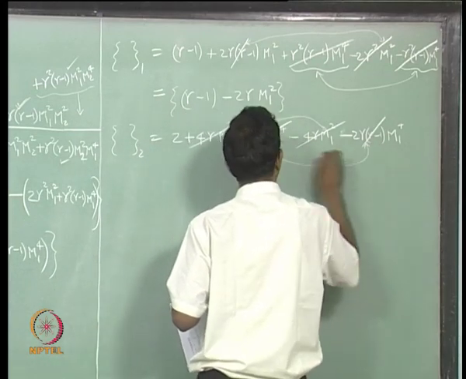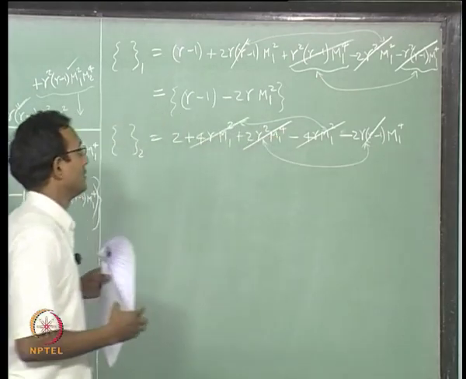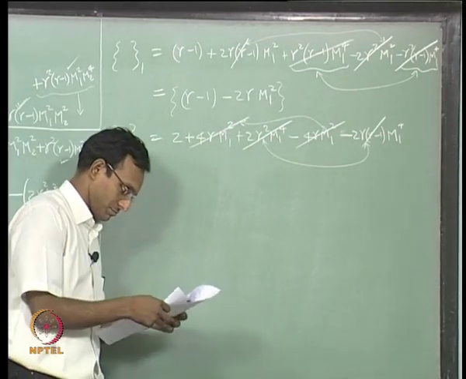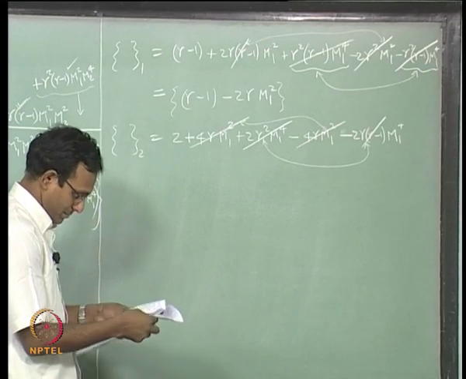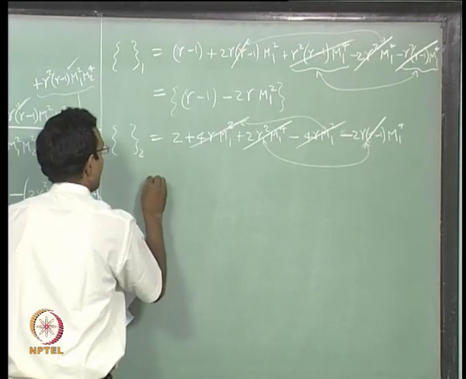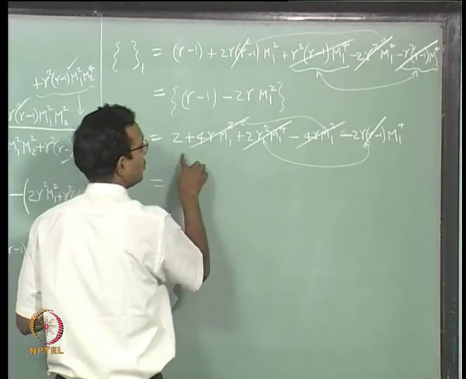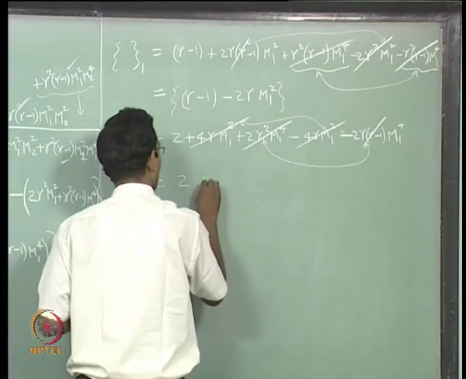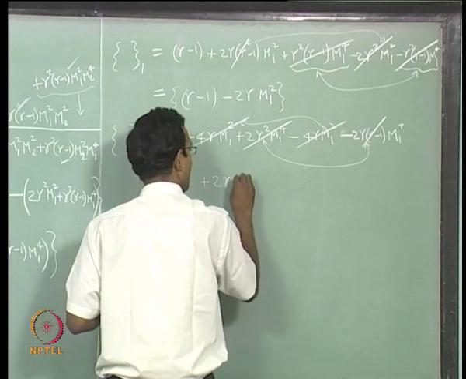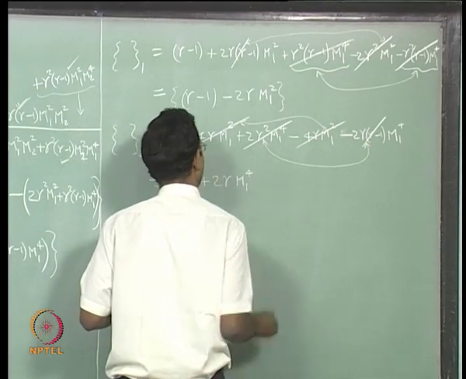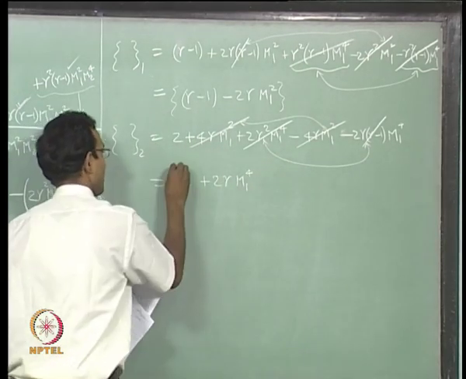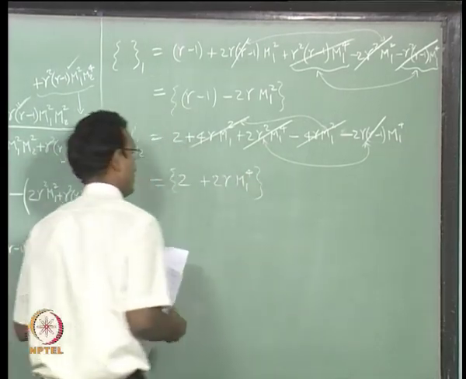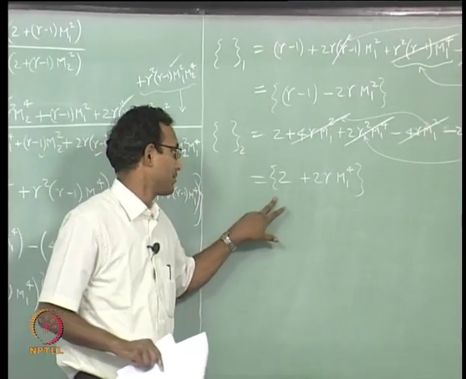I will connect these 2 together. So the remaining terms are just going to remain, and that is going to look like 2 and then minus 1 times minus 2 gamma. So it will become plus 2 gamma m1 power 4. This is your second floor bracket.